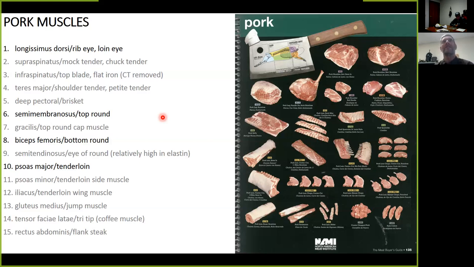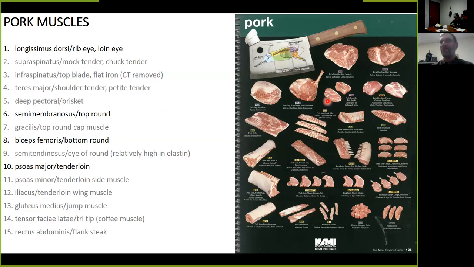Now I want to back up a minute. I want to see, can we see any of these cuts that might have a blade bone in it? It's kind of hard to see, but I think you can see a couple. Maybe 1406. Yep, exactly. So where do those come from? The shoulder.